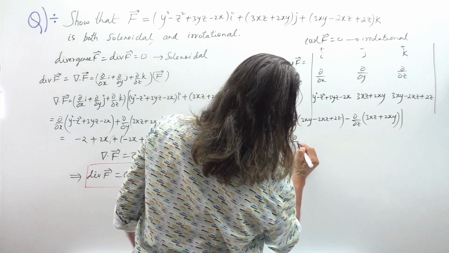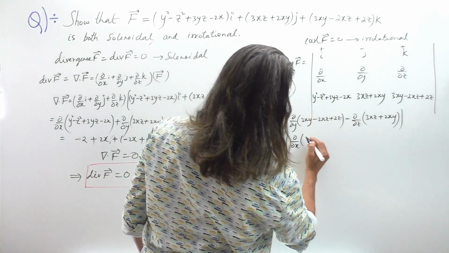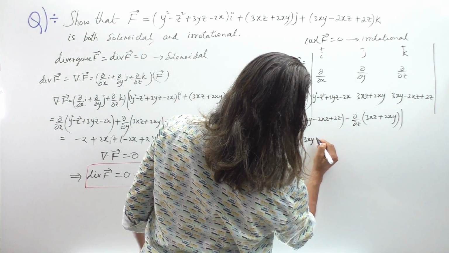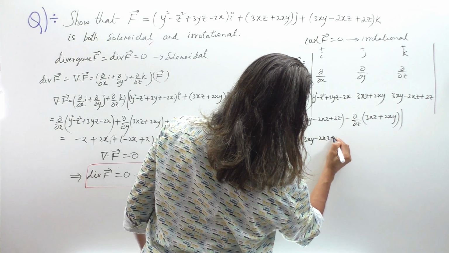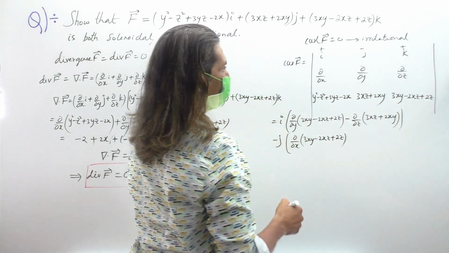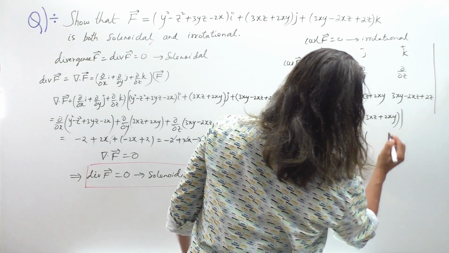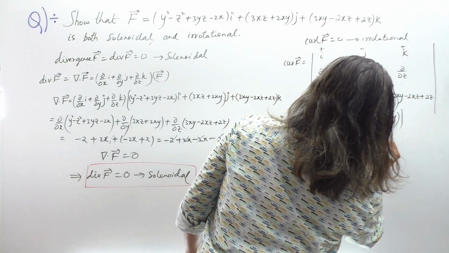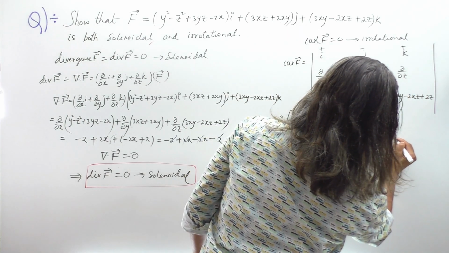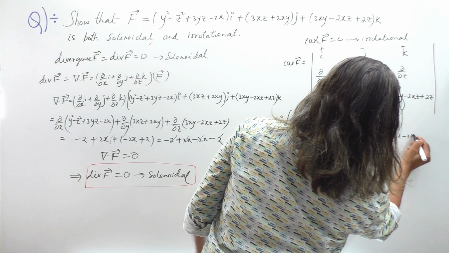So what remains? ∂/∂x of (3xy minus 2xz plus 2z) minus ∂/∂z of (y² minus z² plus 3yz minus 2x).